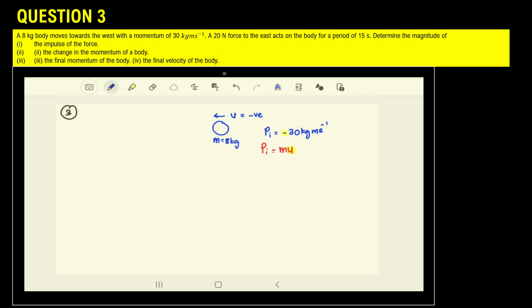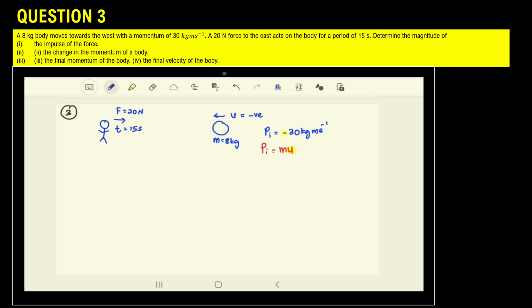A 20 Newton force to the east acts on the body for a period of 15 seconds. Let's imagine that you are trying to stop the body from moving. Then you put 20 Newton force on the body. So the force must be in this direction. The force is 20 Newton and it's 15 seconds.